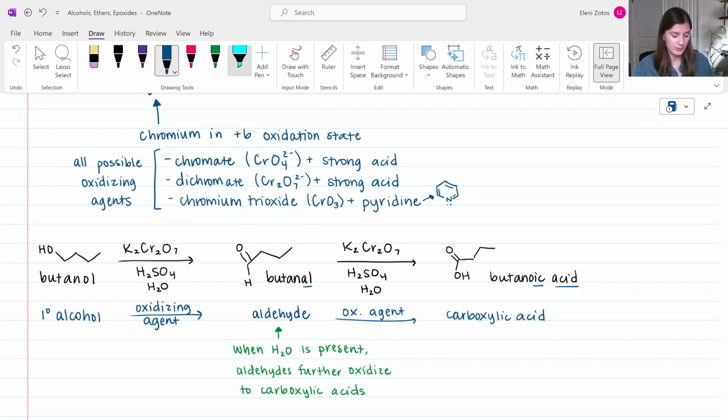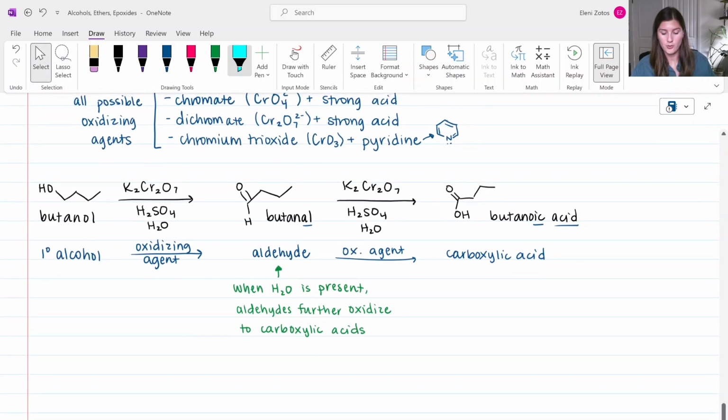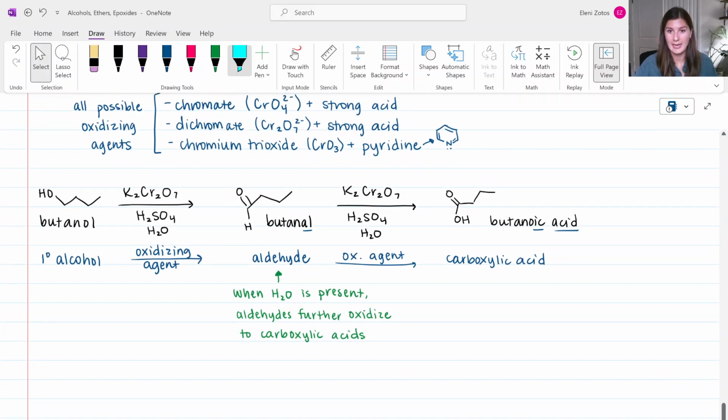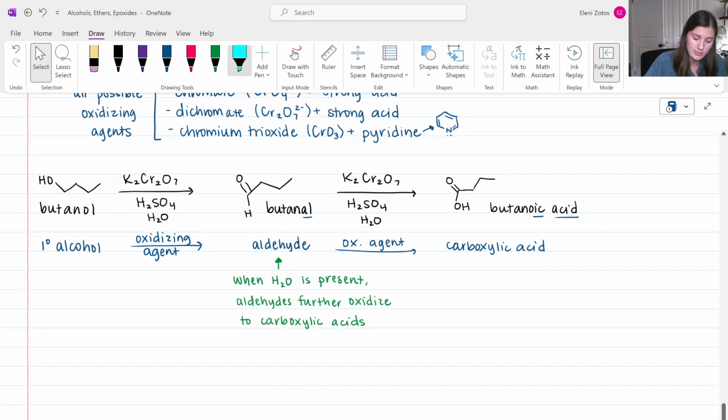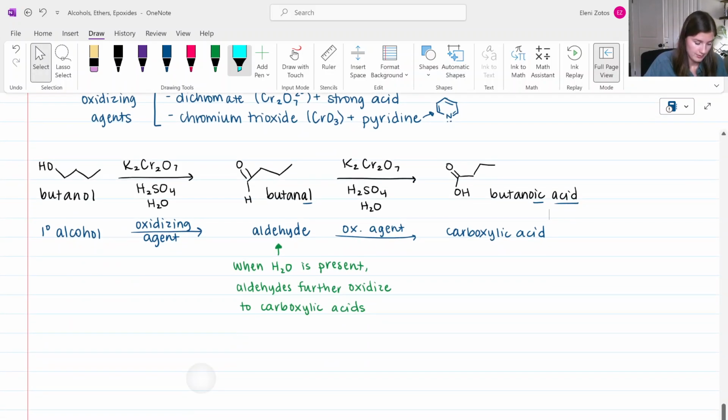But if we use the chromium trioxide and pyridine, a non-aqueous strong acid, in a non-aqueous solvent, then we can end the reaction at an aldehyde. So here's an example of that. We'll start with butanol again.